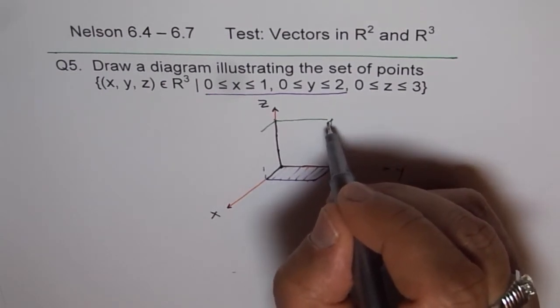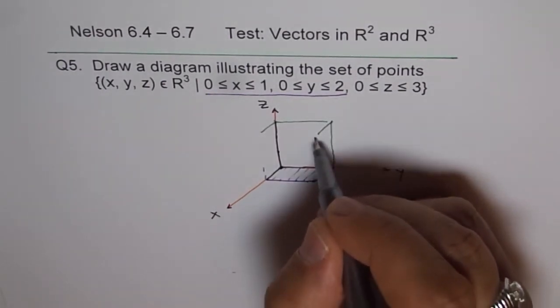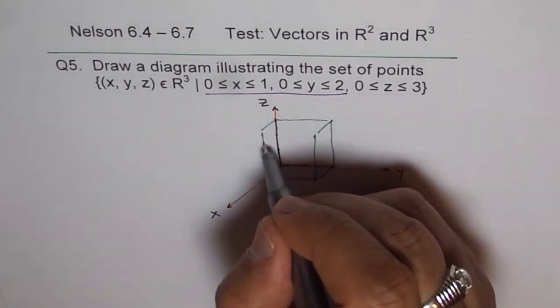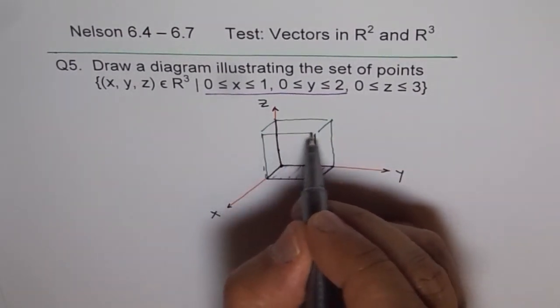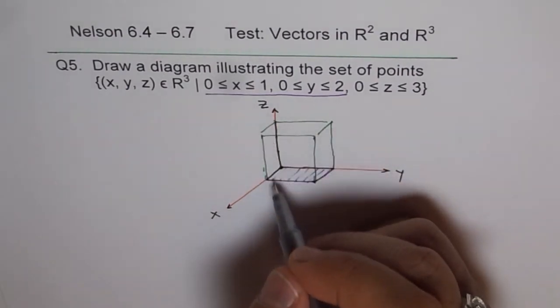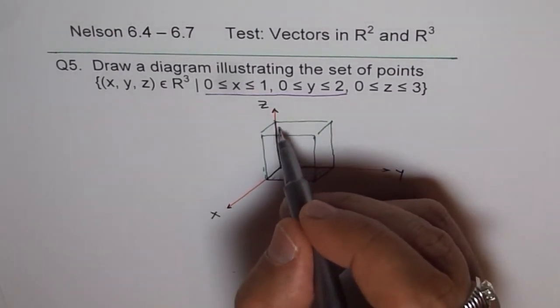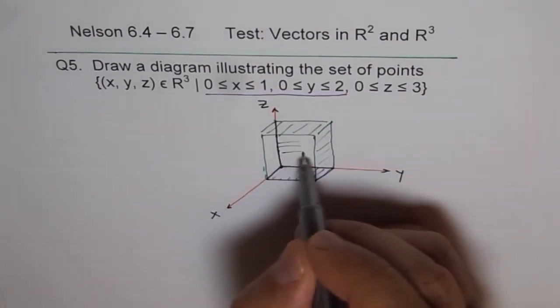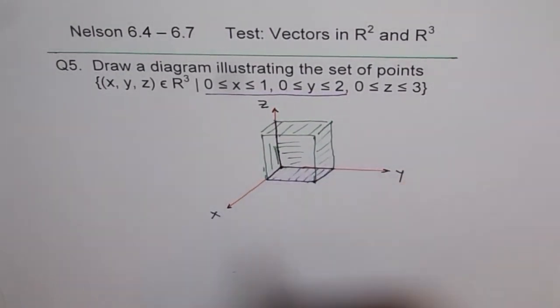Everything up to 3 units will build up slowly, and then we have a structure like this. So the whole rectangular box can now be filled in, with everything inside filled in.